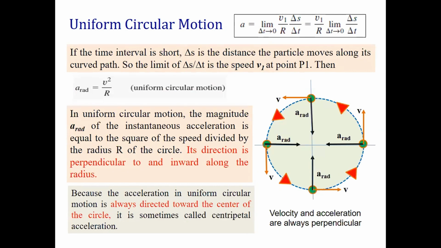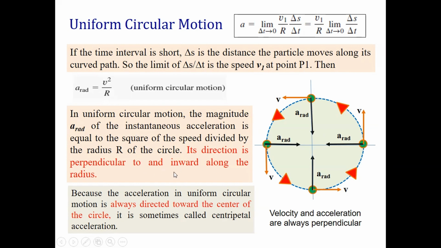If the time interval is short, then delta s is the distance moved along its curved path. So the limit of delta s over delta t is the speed at the point P1. So we can write the radial acceleration as v squared divided by r for a uniform circular motion. Remember, in a uniform circular motion, the magnitude of the radial acceleration, the instantaneous acceleration, is equal to the square of the speed divided by the radius r.